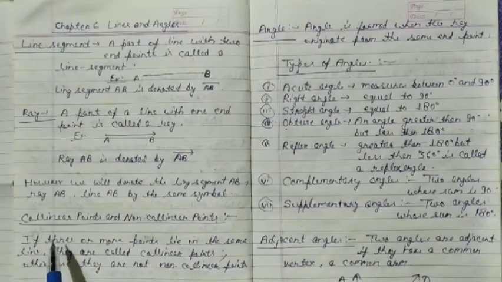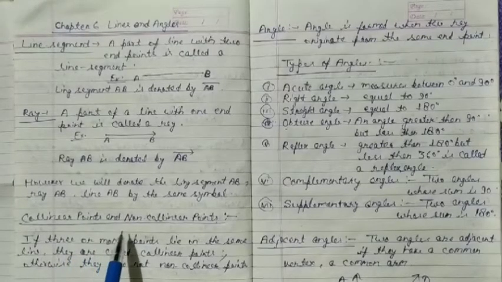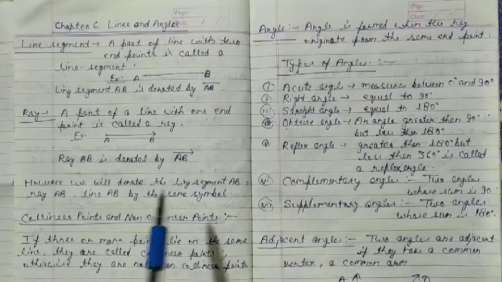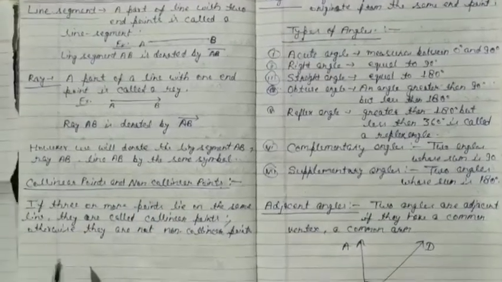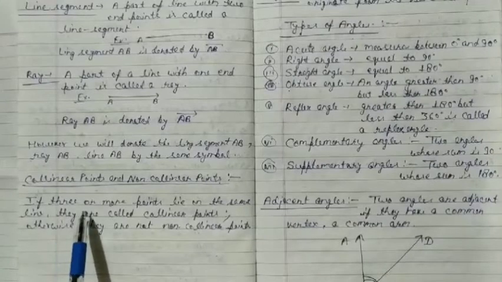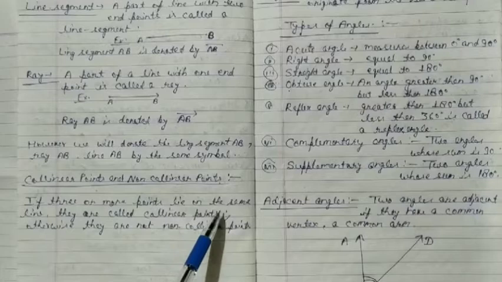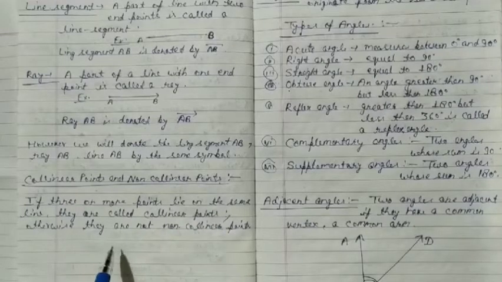Next, collinear points and non-collinear points. If three or more points lie on the same line, they are called collinear points.